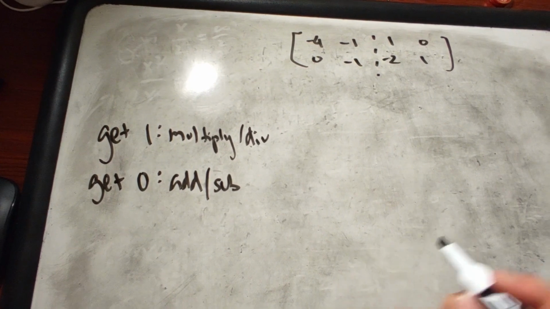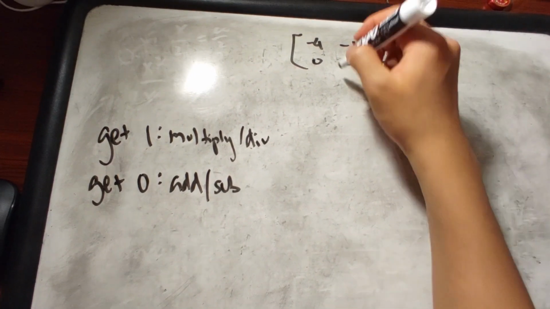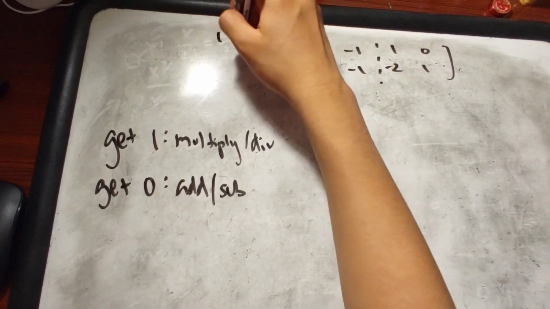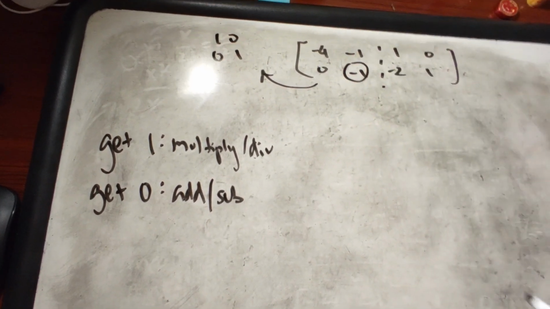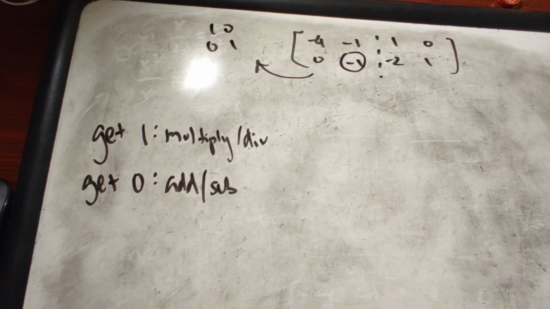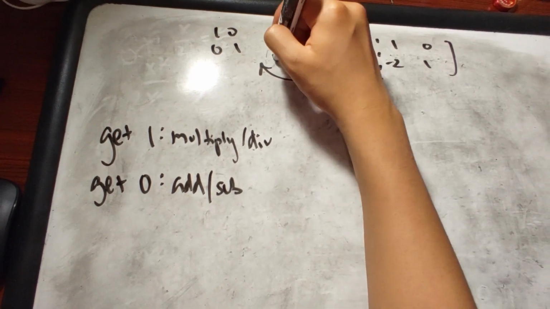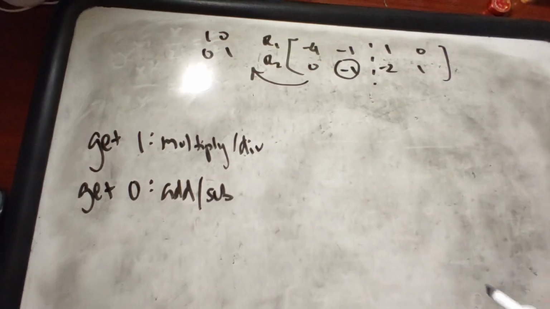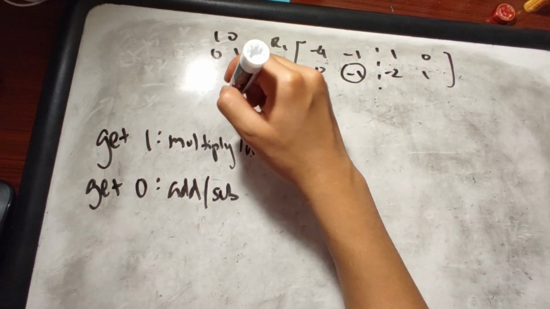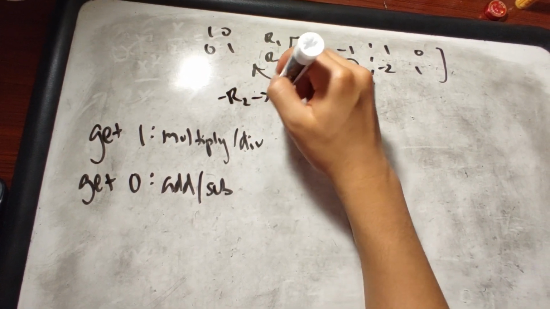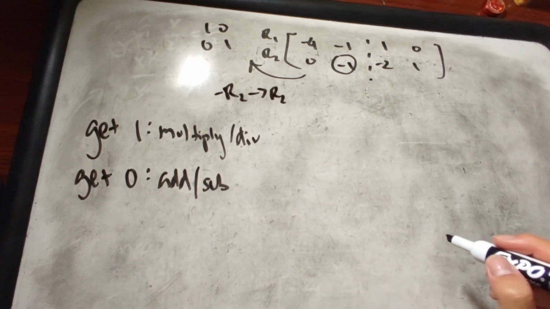So what we could do now, to continue to get this matrix to be like this, is divide row 2 by a negative, so we get the new row 2 value where -1 will become 1.